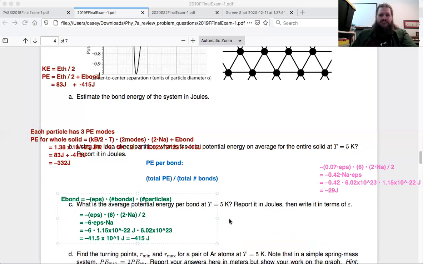It was 6 divided by 2, I believe. Yeah, because if we look at just this section, this entire formula is really about the energy per bond times the number of bonds. So everything except the negative epsilon, this 6 times number of bonds per particle times number of particles divided by 2 to eliminate double counting, that is the number of bonds.